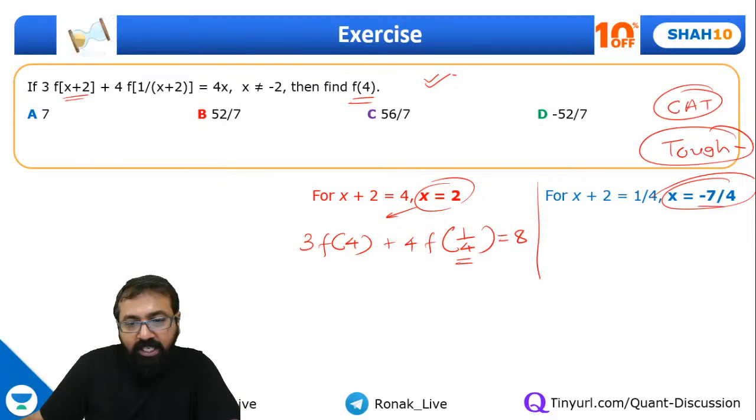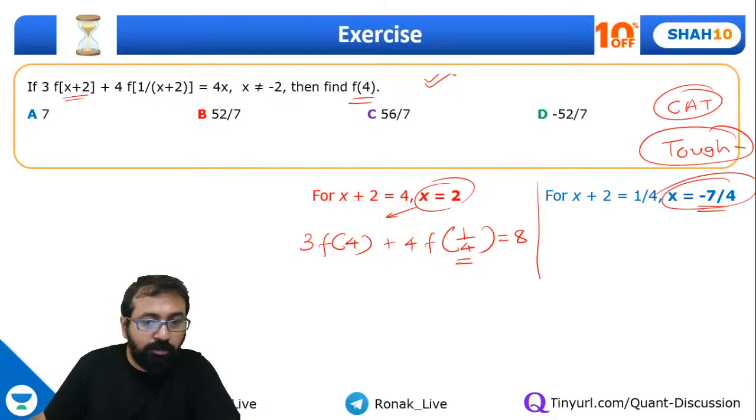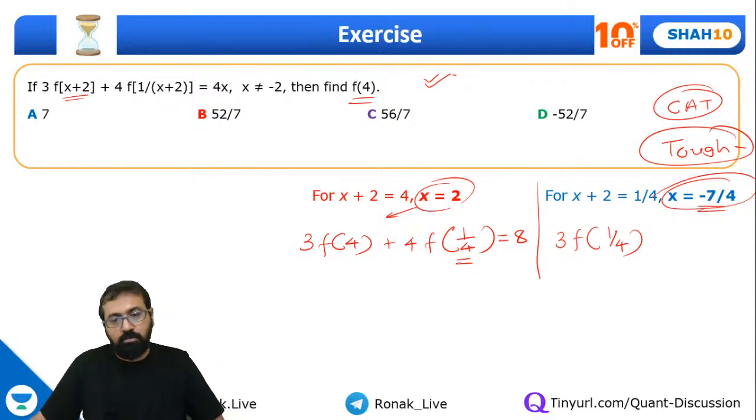Same way, if you take x equal to minus 7 by 4, great Dhwani, then it's good. Okay, so this x equal to minus 7 by 4. If I put that way, I'll get 3 into f of 1 by 4 straight away, because instead of x, if I put minus 7 by 4, then minus 7 by 4 plus 2 will come out to be 1 by 4.